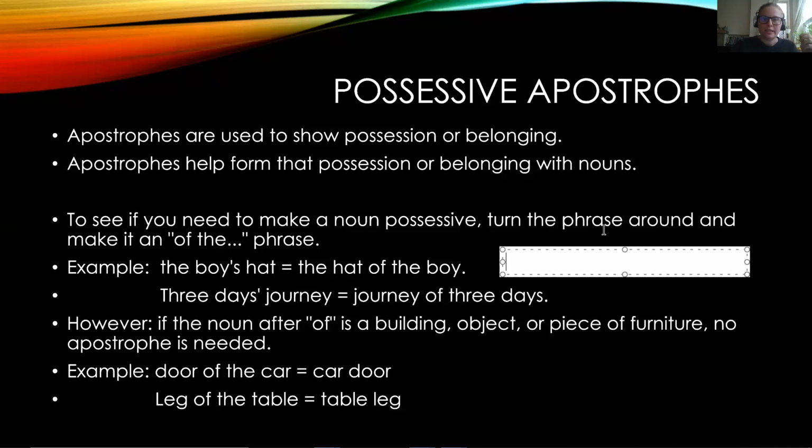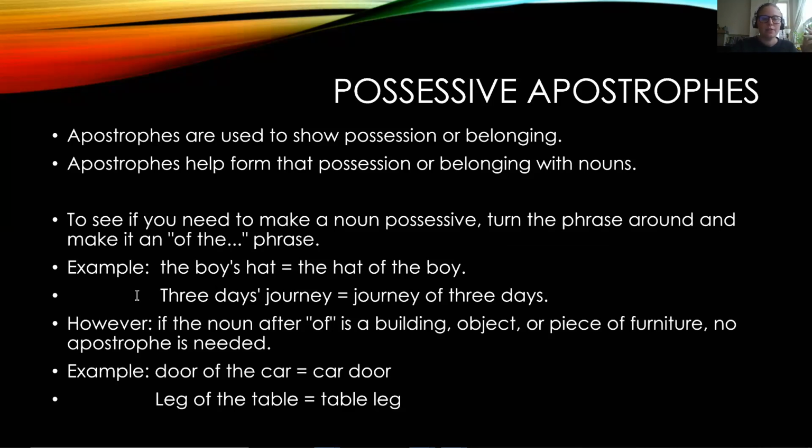So another example would be "the 3 days' journey." This is a more advanced idea of ownership, the journey of 3 days, how long this journey took. It's that the days are owning and using that journey.